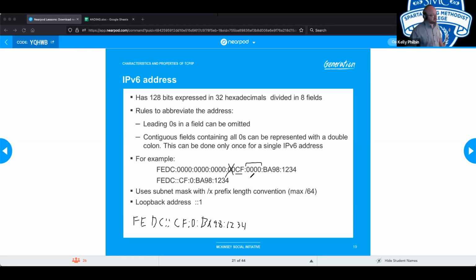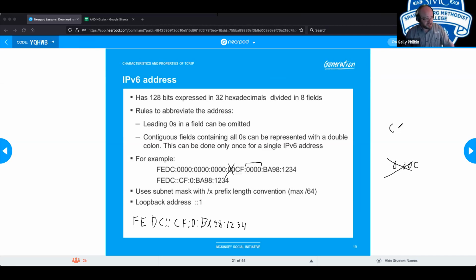If it was CF, we're good. Even if it was 0, 0, 0, C in that group, we could cut out the first 3 and just leave a C there, and we would know the first 3 characters that are missing are supposed to be zeros.